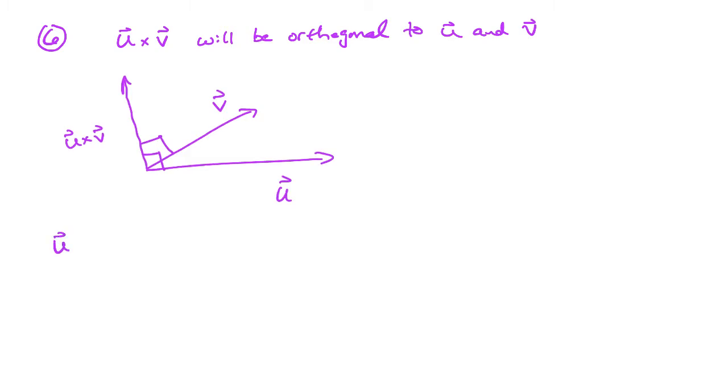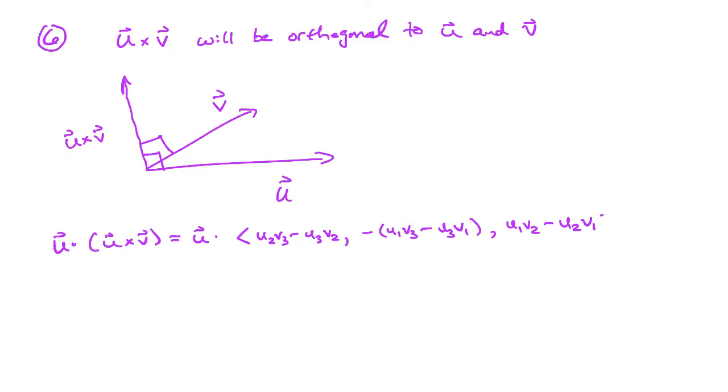Like if we did the dot product of u with u cross v. Well, that dot product is going to be the dot product of u with our new vector: u2 v3 minus u3 v2, a negative u1 v3 minus u3 v1, and then a u1 v2 minus u2 v1.